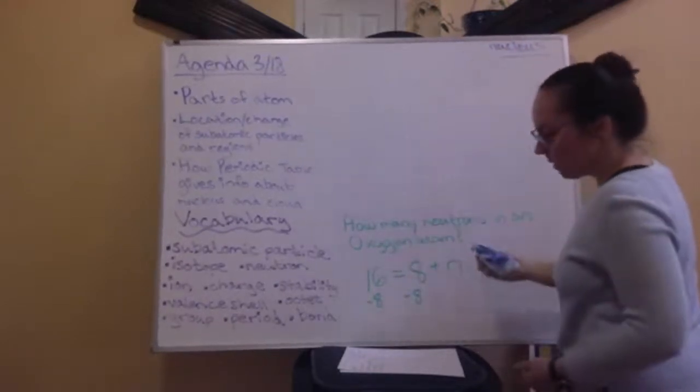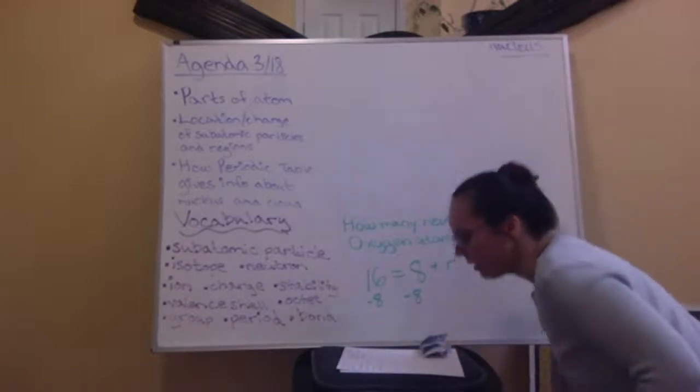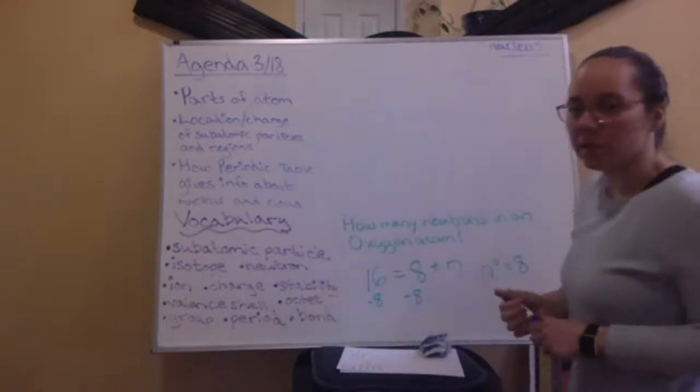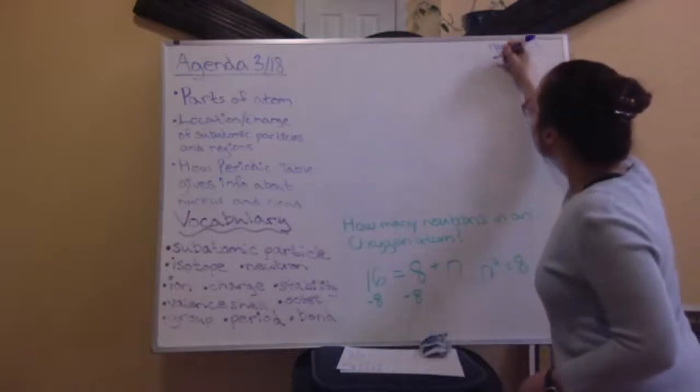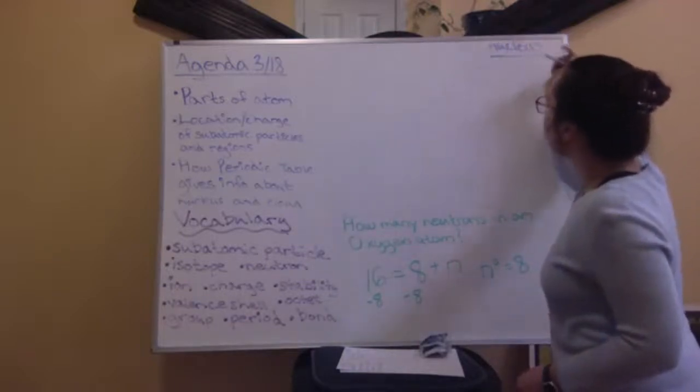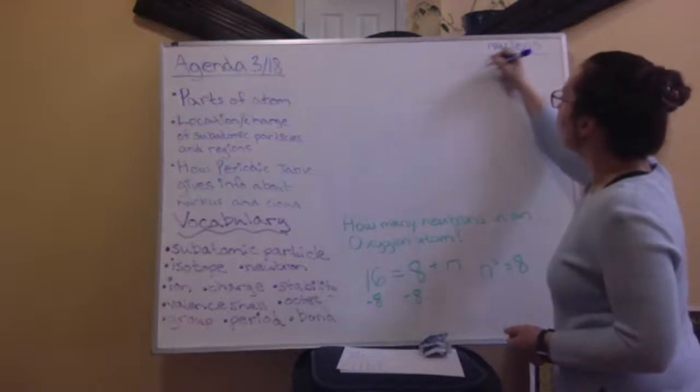Okay, so I mentioned it, but I didn't write it. And I do want to make sure you guys get this note down onto your sheet. I mentioned the word isotope. Please write that down under nucleus as well.